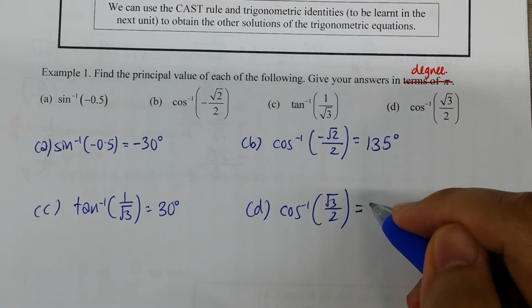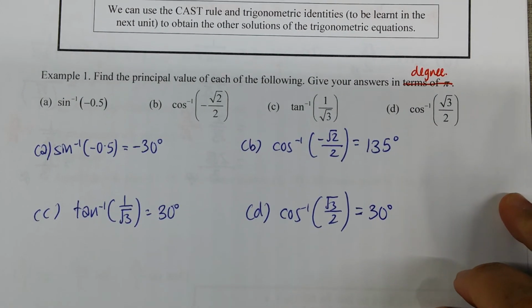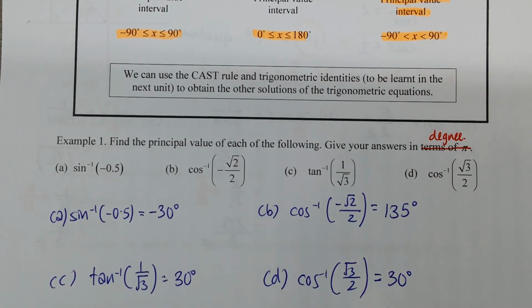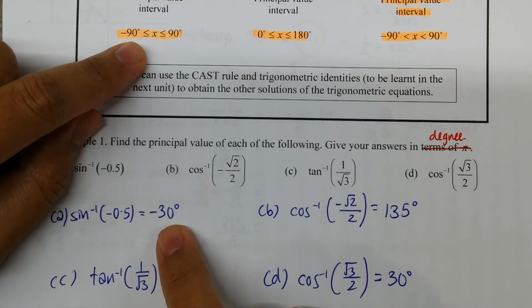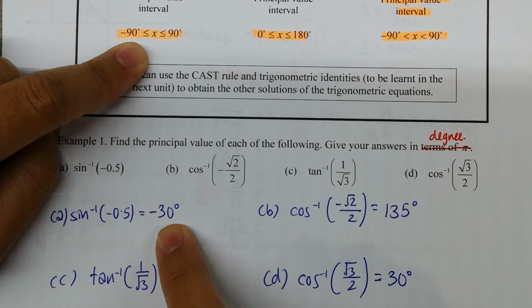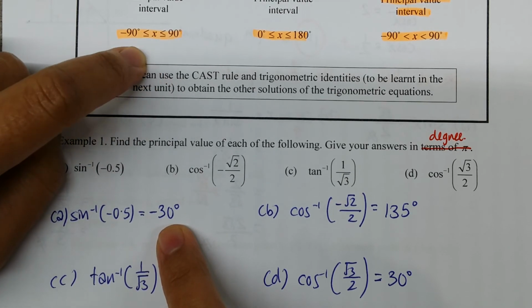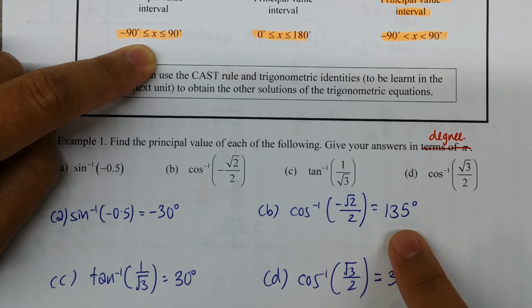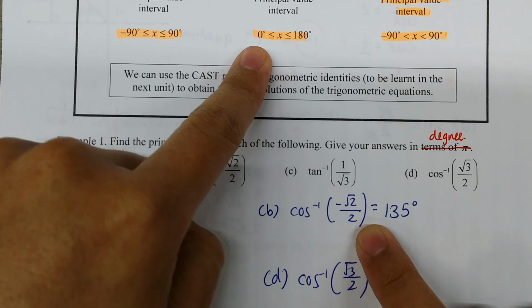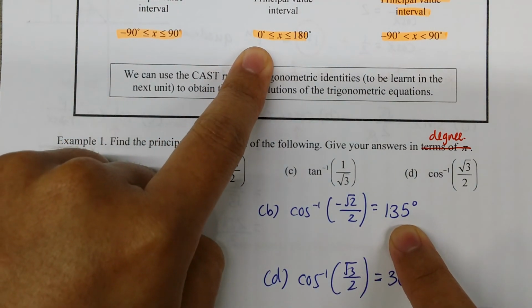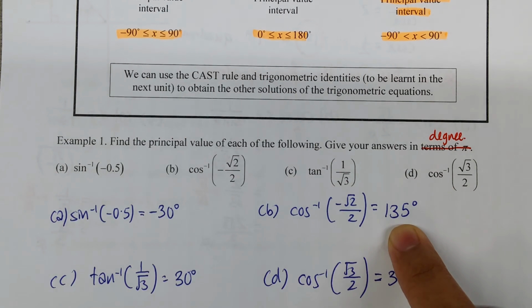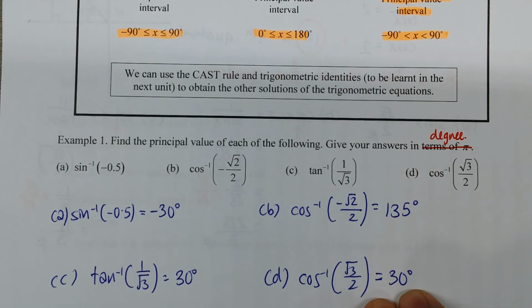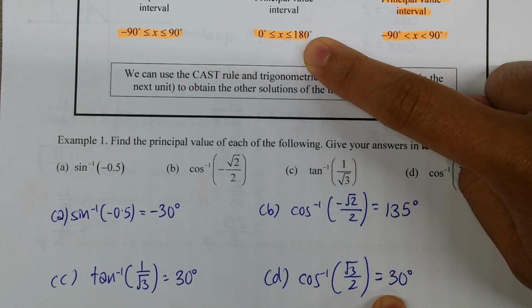So I want you to notice something. Look at all the answers. Is it coincidental that negative 30, the principal value, lies within the principal value interval for sine, because it's sine inverse? Is it coincidental that for cosine, the answer 135 lies between this? Is it coincidental that for this cosine inverse the principal value is 30 degrees, and it lies between 0 and 180?